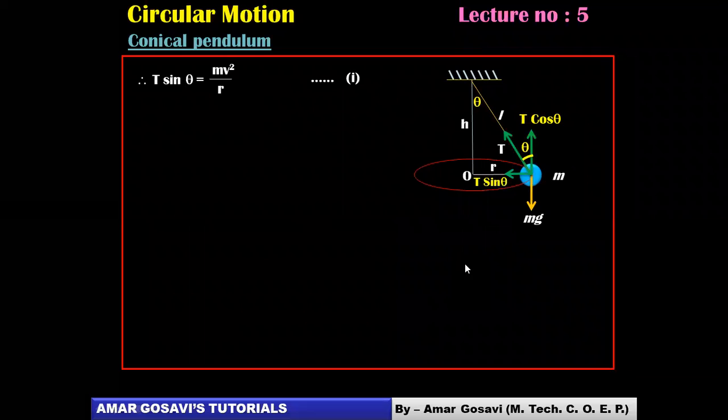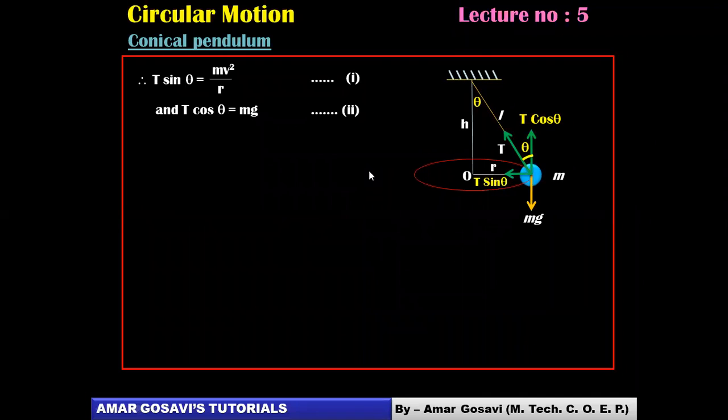So in the next slide, you can see I have equated T sine theta to mv square by r, that contributes to equation 1, and T cos theta equal to mg, so that contributes to equation 2. All right. Now, once we know equation 1 and equation 2, if I divide equation 1 by 2, what happens is you get T sine theta by T cos theta.